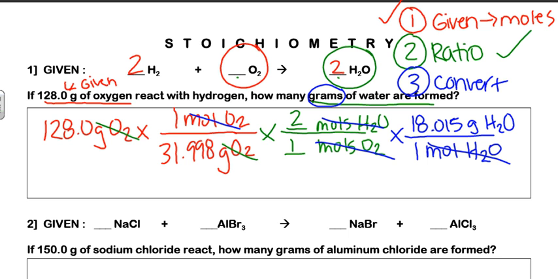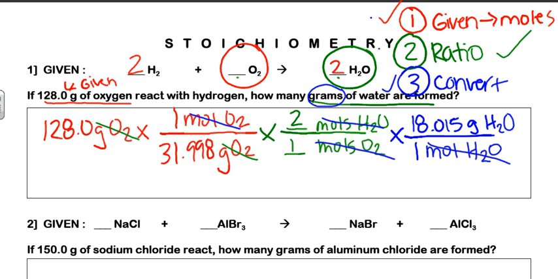Literally step 1, 2, and 3 have to be done every single time when you're solving stoichiometry problems. So I'm going to multiply this to get my answer. 128 times 2 times 18.015, enter, divided by 31.998 gives me 144.1290081 grams.